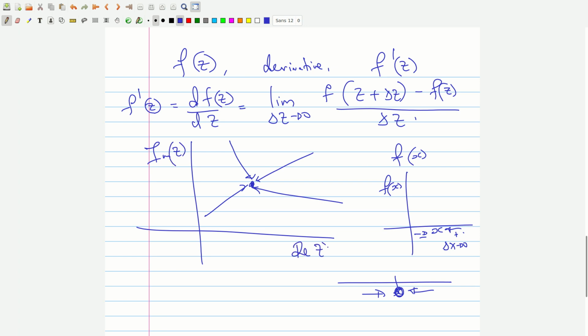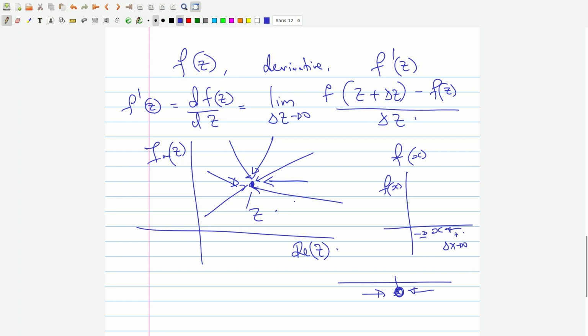Therefore, the point here is that there are multiple directions from which you can approach your number, if that is z. There are many directions at which you can say delta z is approaching 0.